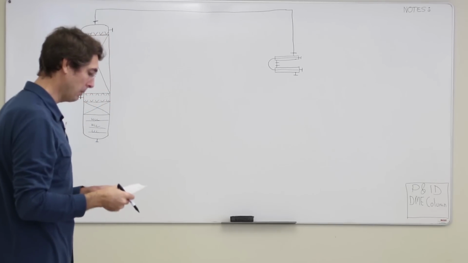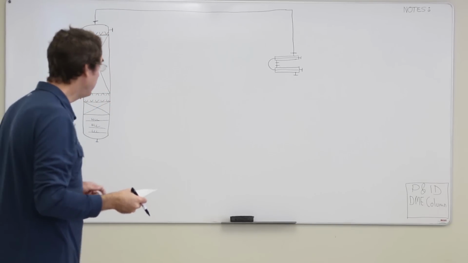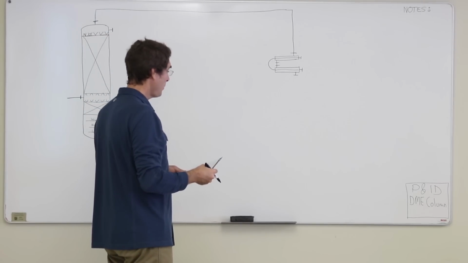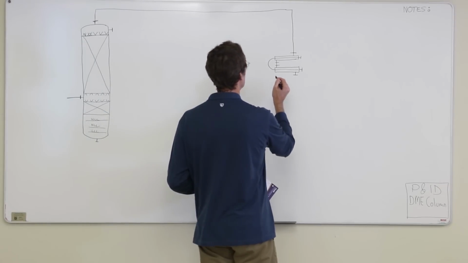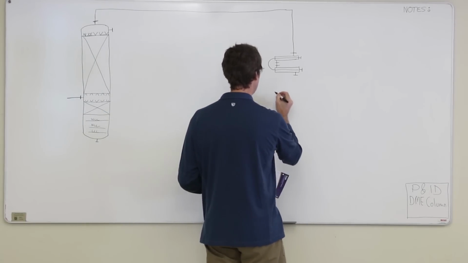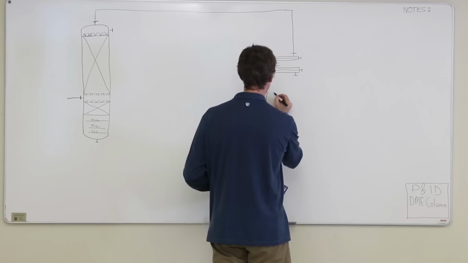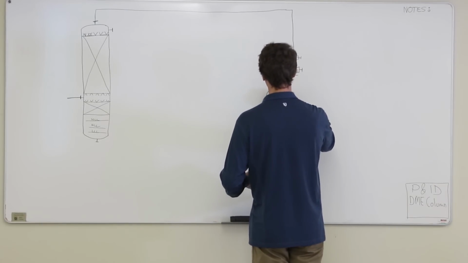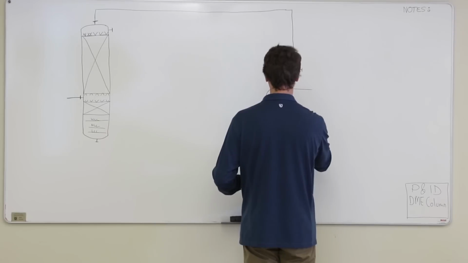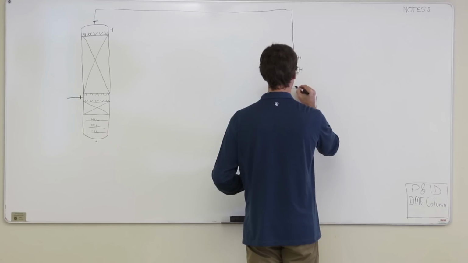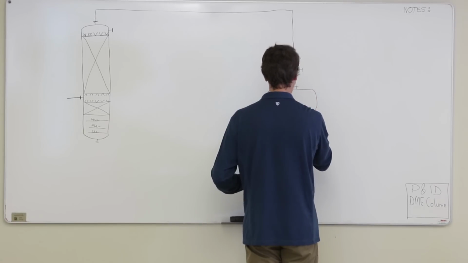Okay, so it's a very small heat exchanger. And then we got a reflux drum. Make sure when you're drawing vessels that are pressure vessels, they should have rounded heads on them. Like that. We're going to have a low liquid level, a normal liquid level, and a high liquid level.